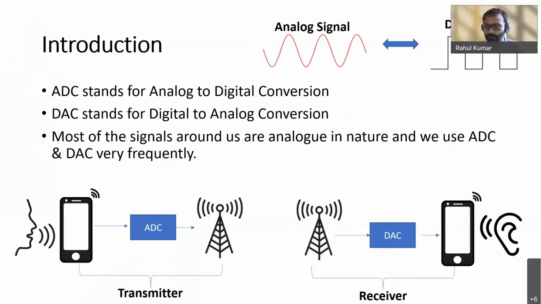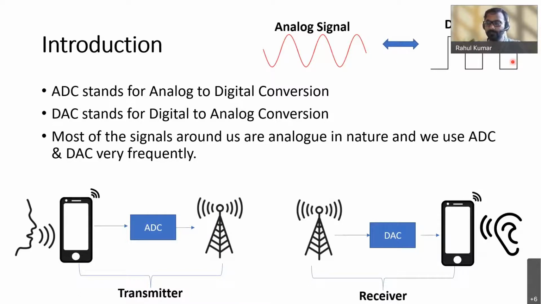Analog signals are continuous in time, whereas digital signals have discrete values with respect to time. Now in most communication systems, we need analog to digital conversion, and at the receiver side we need digital to analog conversion.